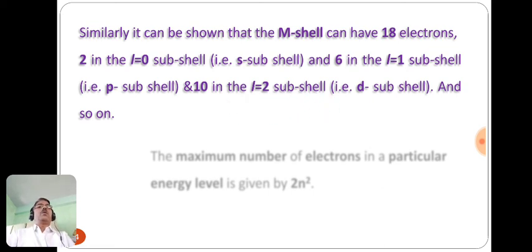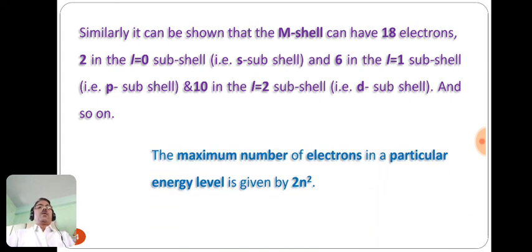So a total of 2 plus 6 plus 10, that is 18 electrons, are accommodated in the third energy level. Thus the maximum number of electrons in a particular energy level can be calculated using this formula, that is 2n squared.